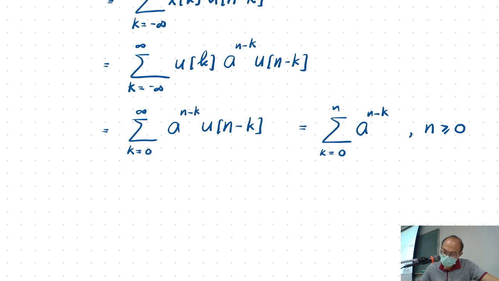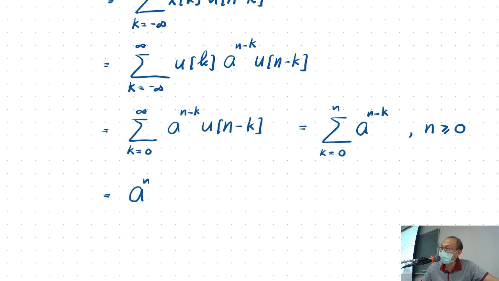Now, from this point on, you have to know geometric sums, because it is really a geometric sum. You have to be able to evaluate geometric sums. So the index of the summation is k, right? So n is a constant, so I can pull it out. So I have a to the n.